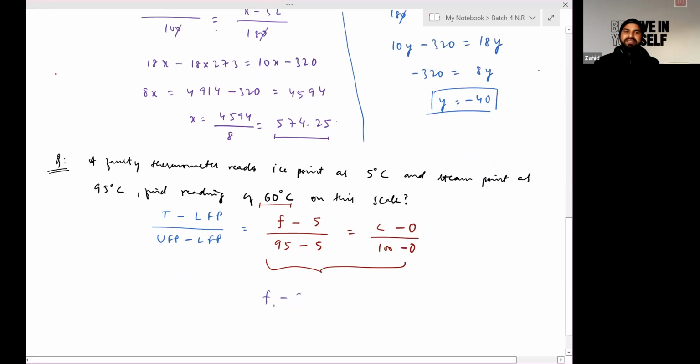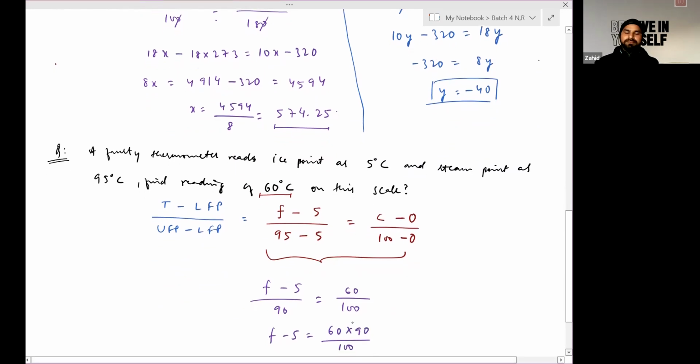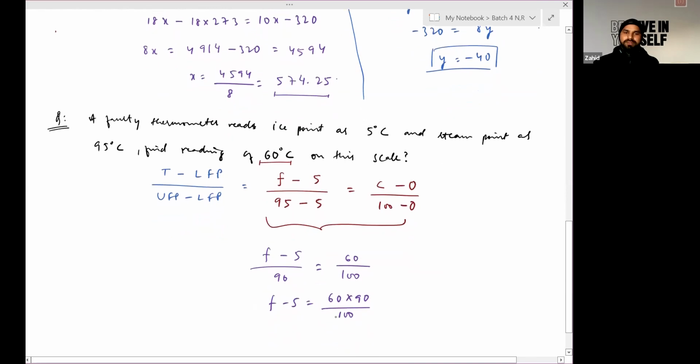(F minus 5) divided by (95 minus 5), which is 90, equals C, 60, divided by 100. So move this 90 to the right side. It will become F minus 5 equals 60 into 90 divided by 100. These two zeros will cancel out. So 9 into 6 is 54.